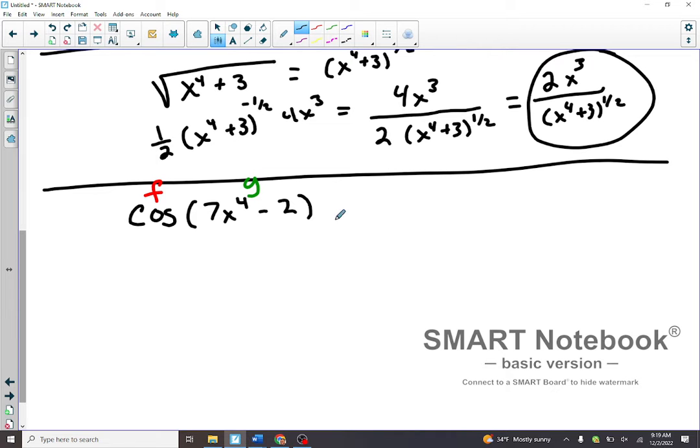So, cosine of this. Remember, chain rule is f prime of g times g prime. So I need the prime of cosine. The prime of cosine is negative sine. The inside goes untouched, so it should say exactly the same: 7x to the fourth minus 2.